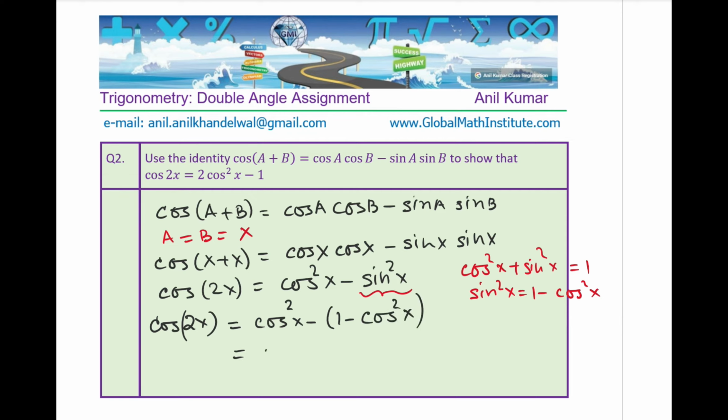Open the bracket. So we get cos square x minus 1 plus cos square x. And that gives you the result 2 cos square x minus 1. On the left side, we do have cos 2x. Is that clear to you? So that is how you can derive this particular formula. As you can see, the double angle formula for cosine can be written in three different ways.